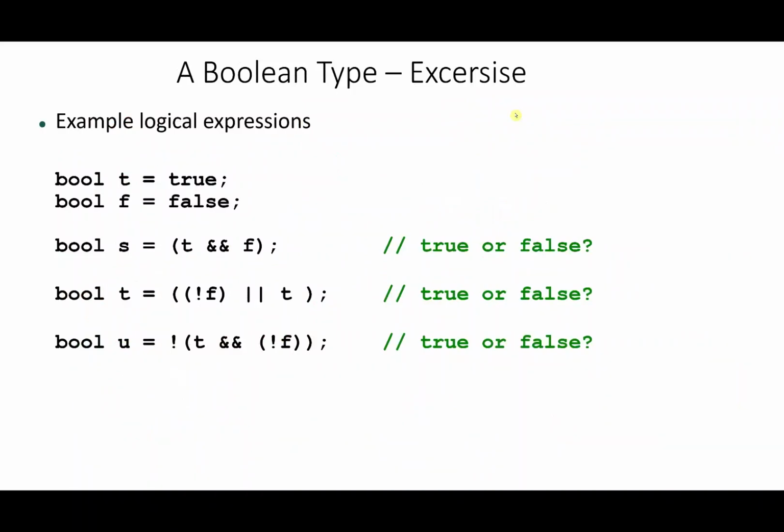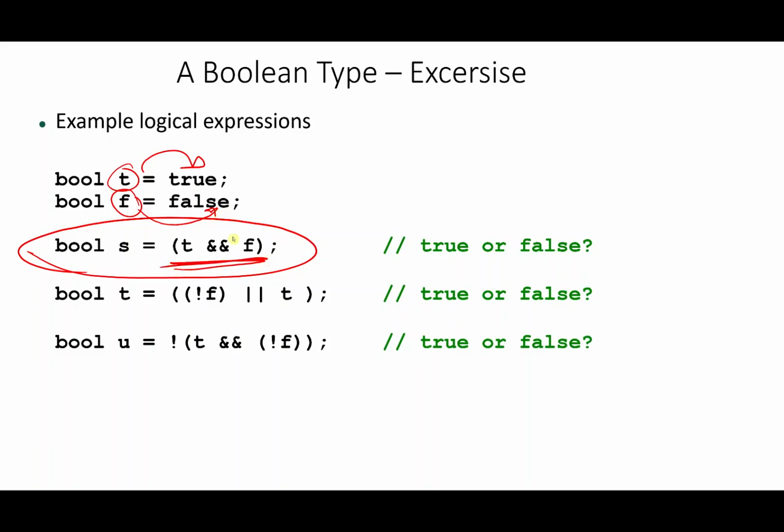So here are some logical expressions. I want you to think of the answer. So the first one, assuming that variable t includes true and f stores false. So t and f, remember, you need all of them to be true if you're using and to get to the final true.